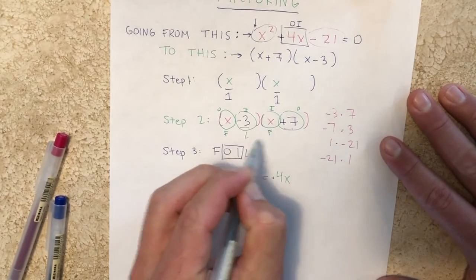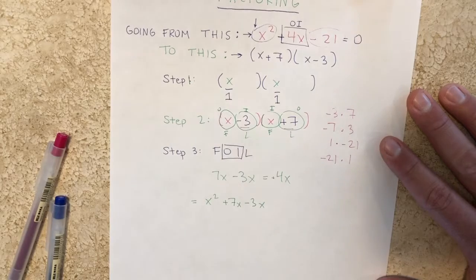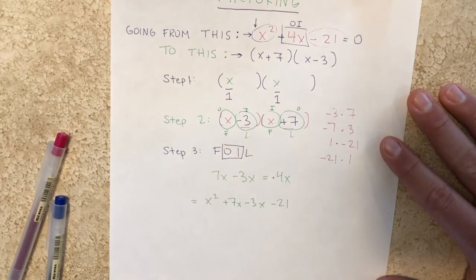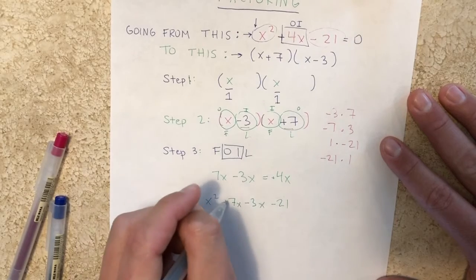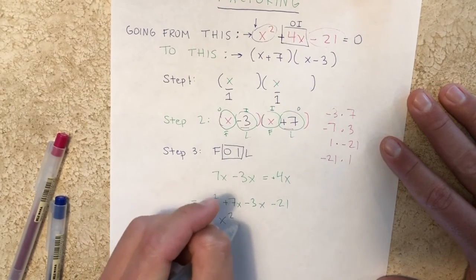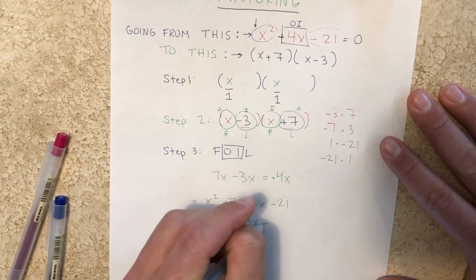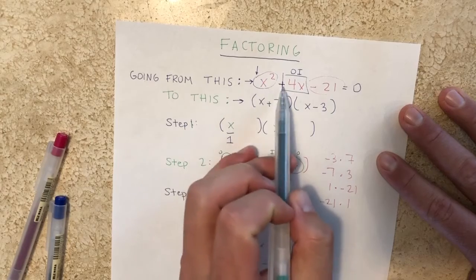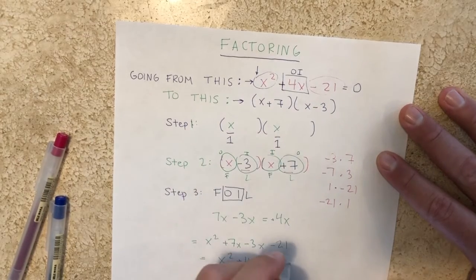My last, L and L, is my -3 times 7, which is -21. Combine our like terms, which are my x terms. x squared plus 4x minus 21. Well, is that what we needed? x squared plus 4x minus 21.